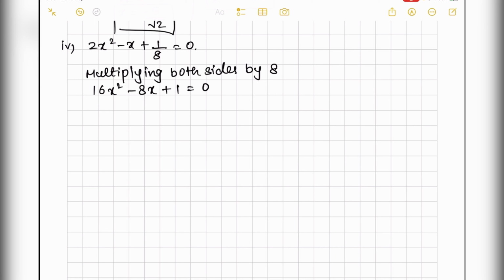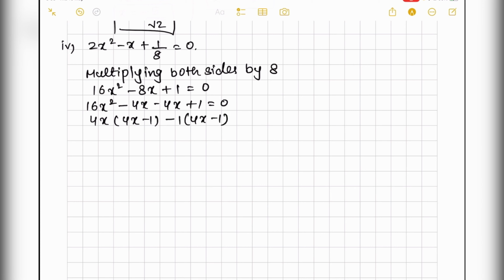Now if you see, 16 into 1 is 16. So I have to take factors of 16 such that I get minus 8. So 4x, 4x and minus is there. So minus 4x minus 4x plus 1 equal to 0. So now 4x common, so 4x minus 1 common.